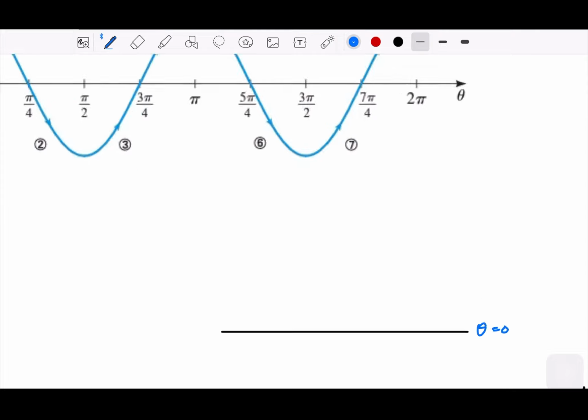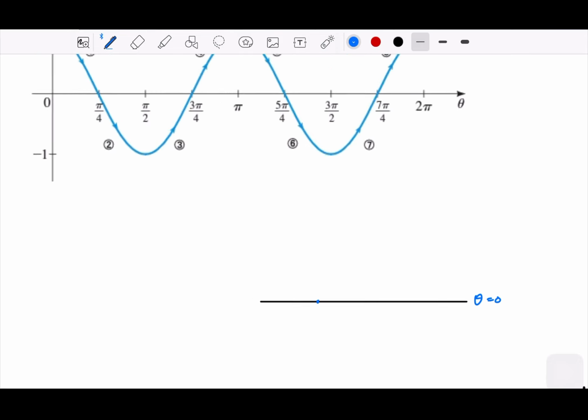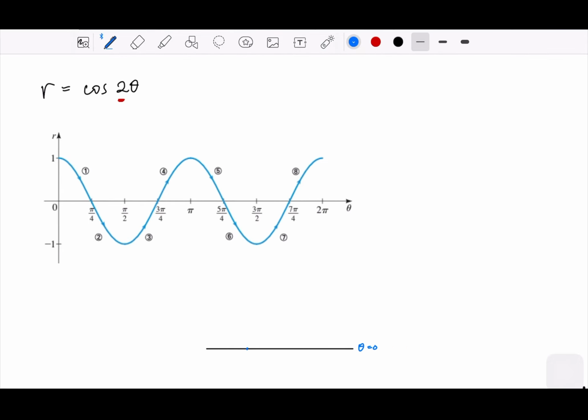When theta equals 0, its cosine is 1. So let's say this is the radius 1. So we start from here, and then we take cosine of pi over 4, which makes the radius become 0.